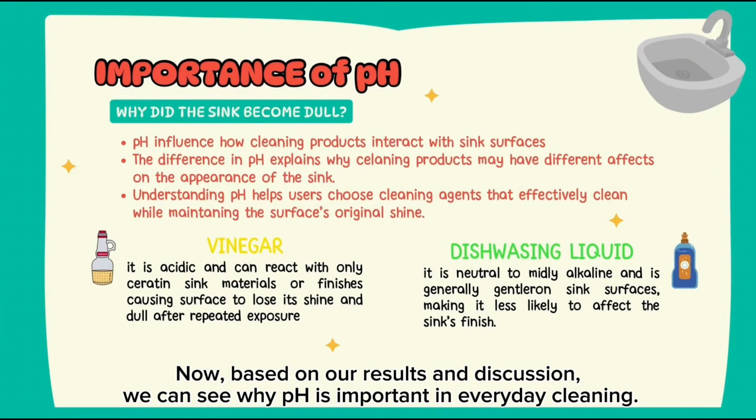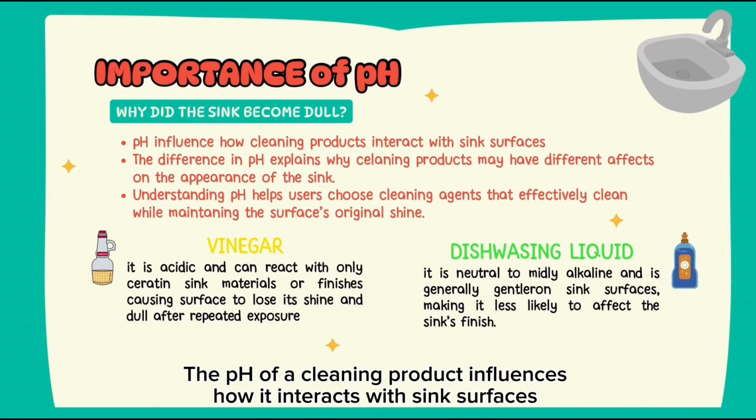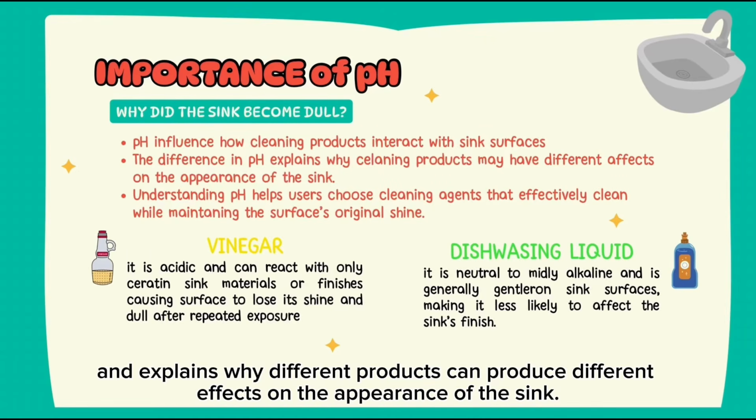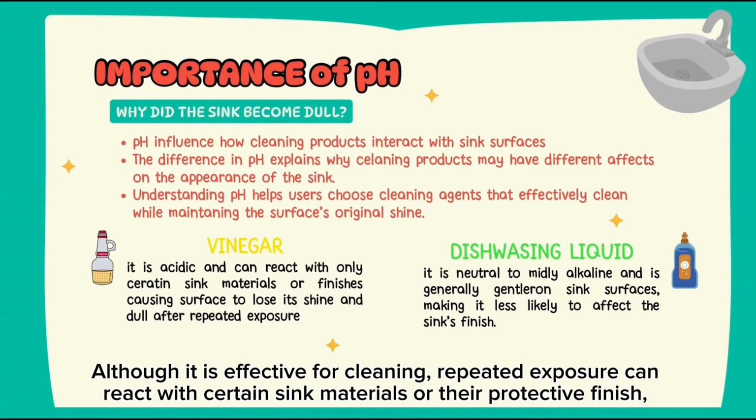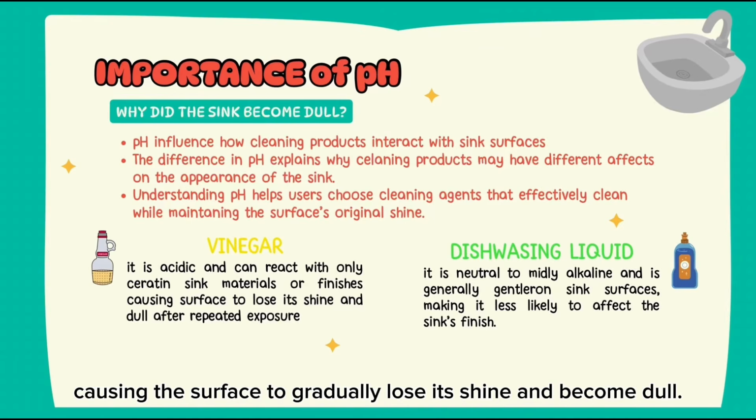Now, based on our results and discussion, we can see why pH is important in everyday cleaning. The pH of a cleaning product influences how it interacts with sink surfaces and explains why different products can produce different effects on the appearance of the sink. For example, vinegar is acidic. Although it is effective for cleaning, repeated exposure can react with certain sink materials or their protective finish, causing the surface to gradually lose its shine and become dull.